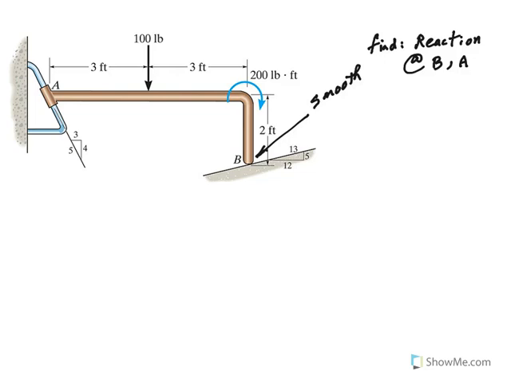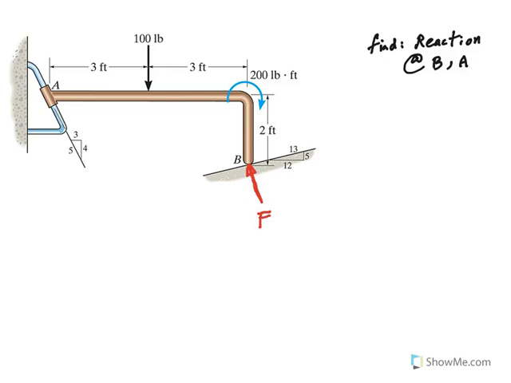So let me erase this first. We know that at B we have a smooth surface, so we're just going to have a normal force, which is going to be perpendicular to the surface.